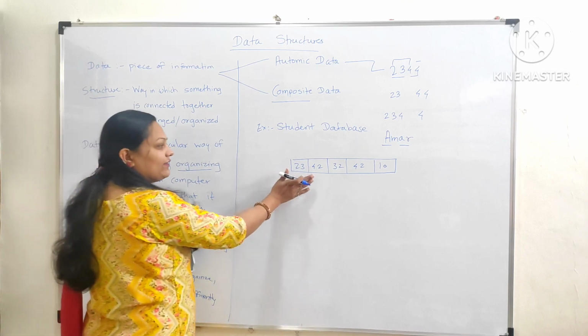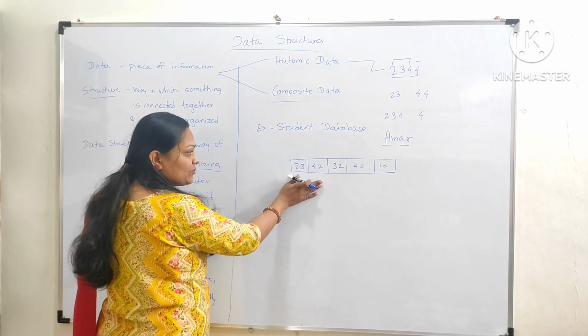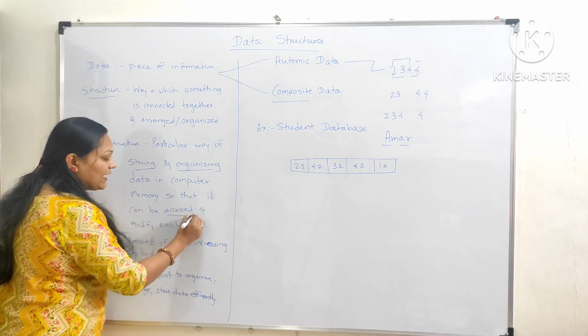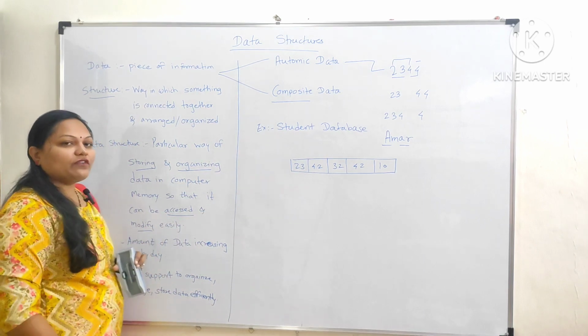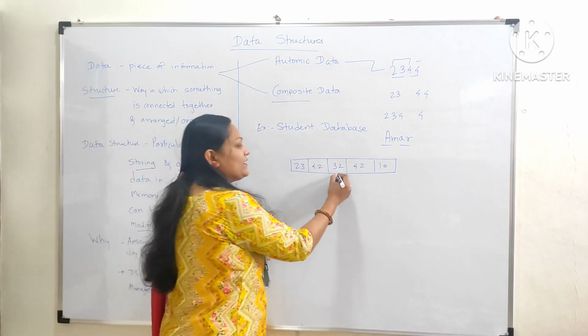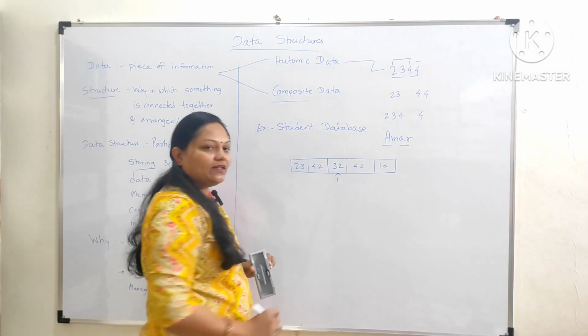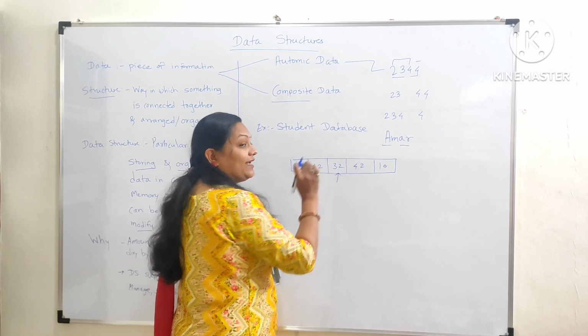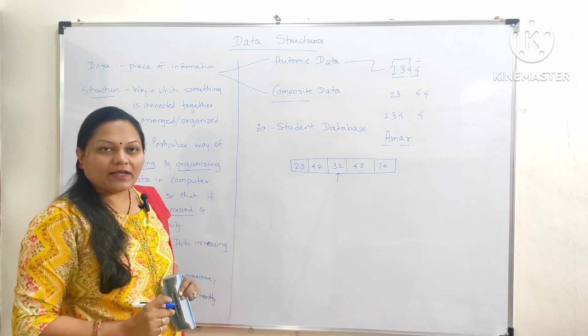So we have to organize this particular data in computer memory so that it can be accessed and modified easily. If you want to access data, this 31, you can access that data by using the index of this particular array.